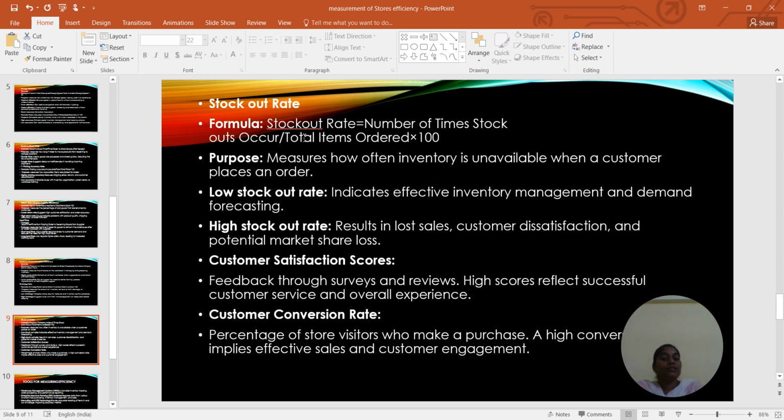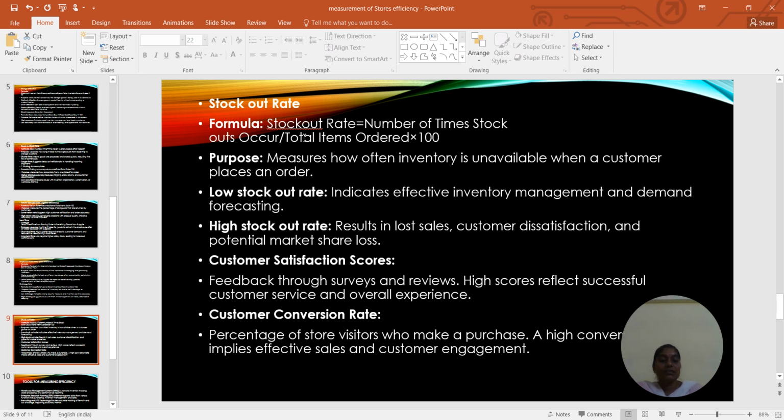And customer conversion rate is the percentage of store visitors who make a purchase, and a higher conversion implies effective sales and customer engagement. So we look at how many times customers visit our store and how many of them purchase.